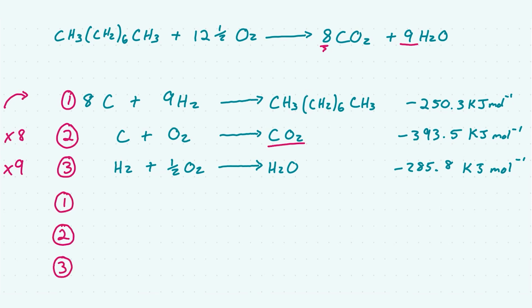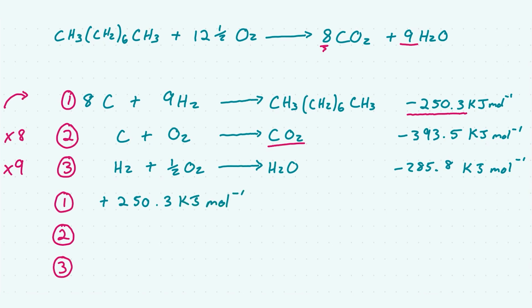So now to work out our heats, all we have to do is see what we did to the full equation and do that to our heat. So in equation 1, we said we flipped it. So instead of it being negative 250.3, it's going to be, in our case, positive 250.3 kilojoules per mole.